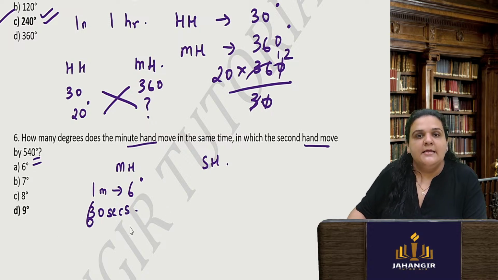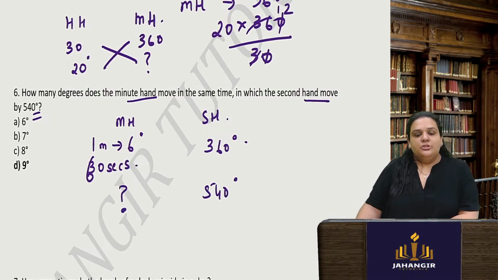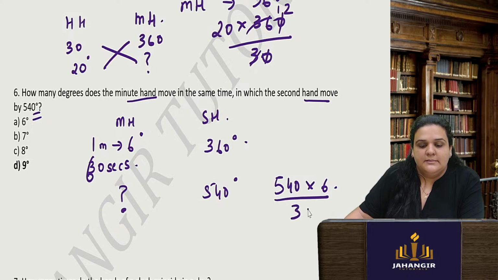So basically in 60 seconds it is moving 6 degrees. And the second hand is moving how many degrees? 360. So for 540, how much will this move? We are going to cross multiply: 540 into 6 upon 360.